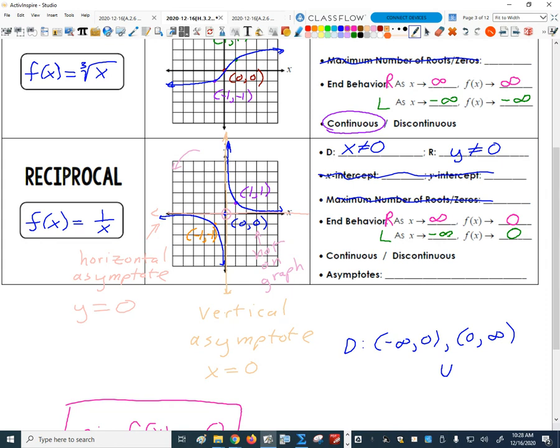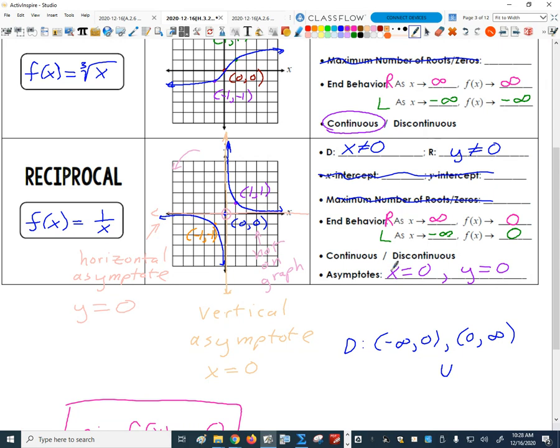And the asymptotes. We already talked about the asymptotes. The asymptotes are x equals 0 and y equals 0, the y-axis and the x-axis.